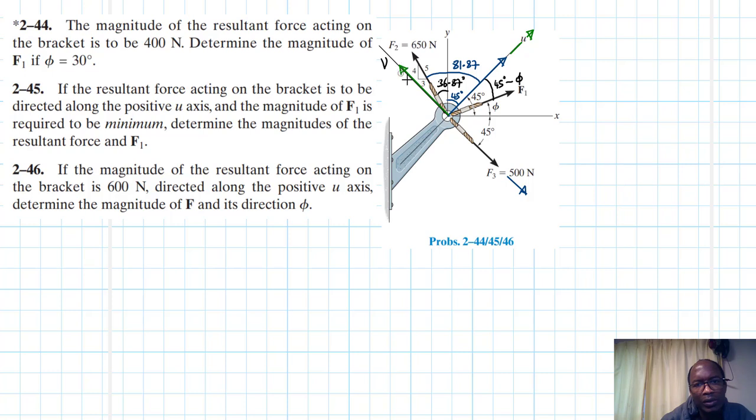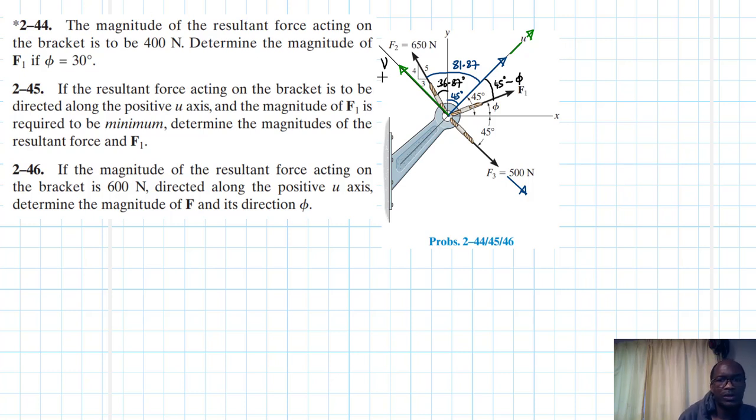For F3 we only have one component, along the v. We don't have the component along the other side. And then of course the resultant, as we've already been told, is along the u-axis.